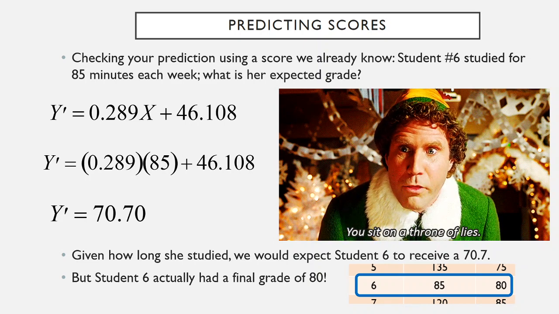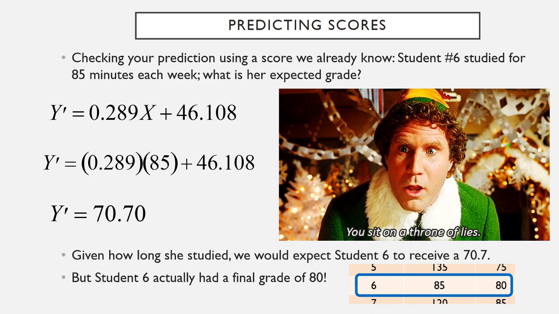Now, is this going to render our regression equation useless? No, absolutely not. Unless you have a perfect correlation, i.e. a correlation of +1 or -1, you are inherently going to have some error in your prediction.